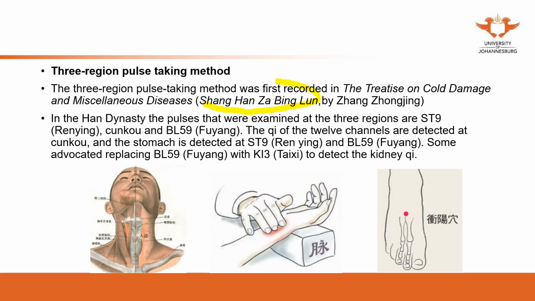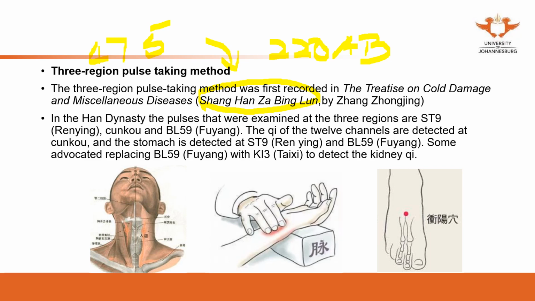We have introduced the classic from the Yellow Emperor's Inner Classic, around 475 BC, to Shang Han Lun, about 700 years later, around 220 AD. After hundreds of years of development, the pulse-taking diagnostic method has been simplified.